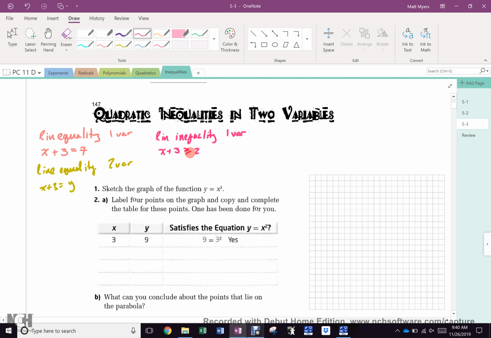What if it's a linear inequality with two variables? What does it look like? X plus 3 is greater than or equal to y.